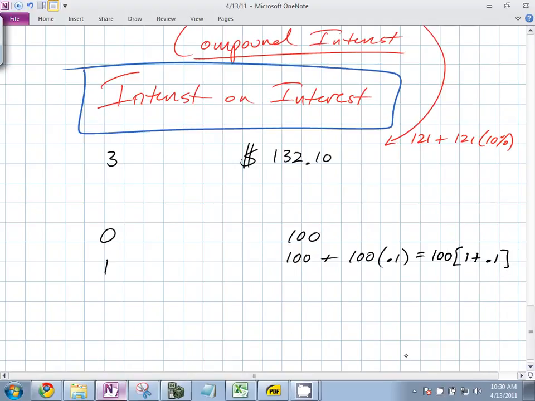So after 2 years, you have your new amount, which is 100 times 1 plus 0.1. And what are you adding to it? 100 times 0.1 times 1 plus 0.1. You're adding 10% of what you just had, right? Correct? You're adding 10% of what you just had? Are you following me so far? Yeah. Can someone tell me what's in both of these terms?